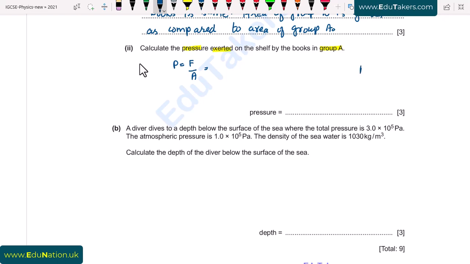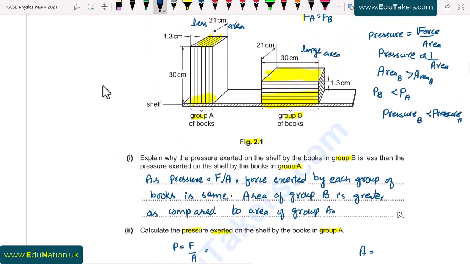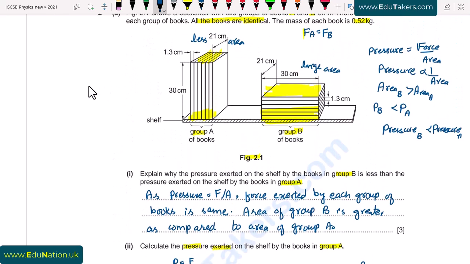So first of all we can calculate area for group A. From this figure we know that the area is the product of length and width. Here this 1.3 centimeter is basically the length of one book, but there are 6 books in one set. So we have to find out the length of 6 books.